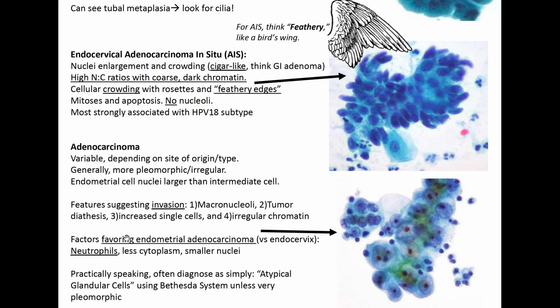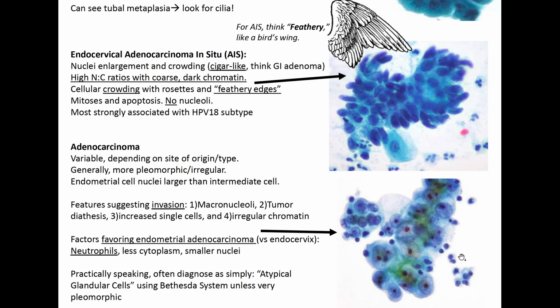And then factors favoring endometrial adenocarcinoma versus endocervical are neutrophils, less cytoplasm, and smaller nuclei. Practically speaking, it's often diagnosed as simply atypical glandular cells using the Bethesda system unless very pleomorphic.